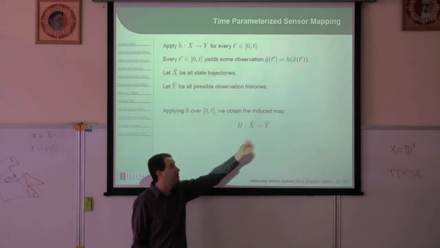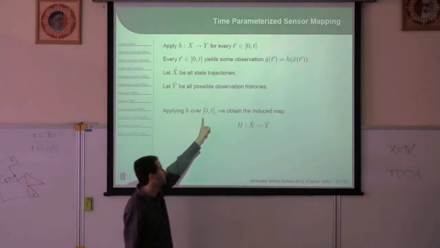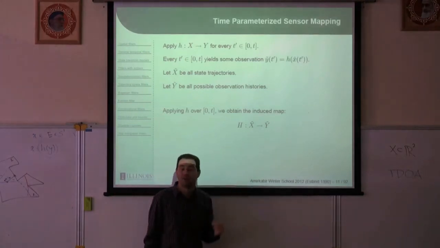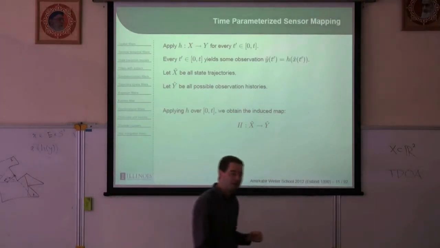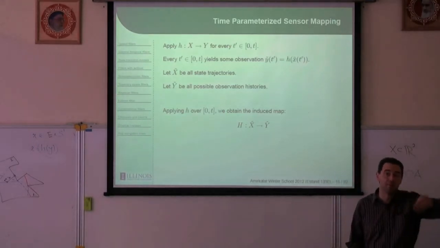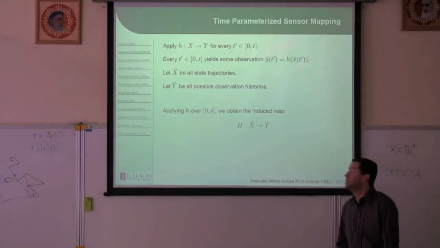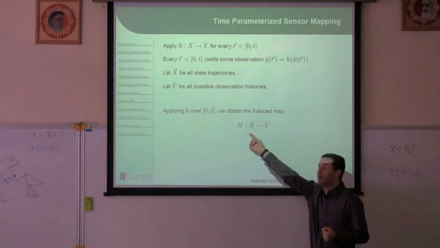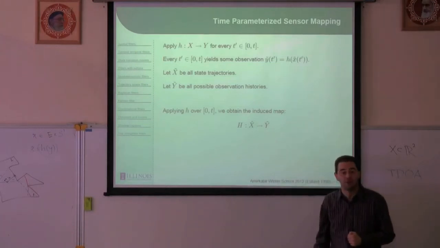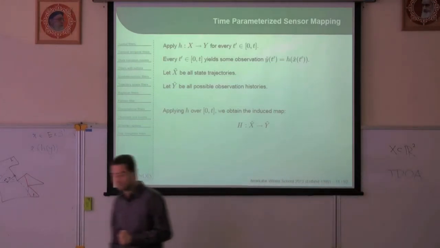So it automatically follows from h over the interval 0 to t that we get a mapping from X tilde to Y tilde. Does that make sense? If I have a sensor definition and it works instantaneously at every time, and then I just keep applying it for all times, I can construct Y tilde from X tilde. If I give you the whole state trajectory, that's enough to figure out the whole observation history. Is that okay?